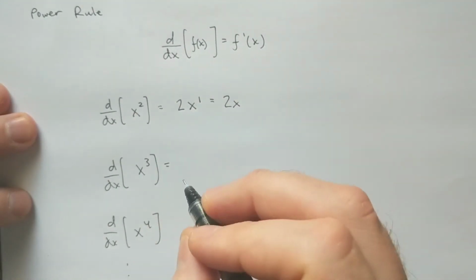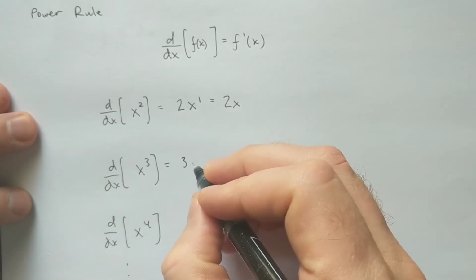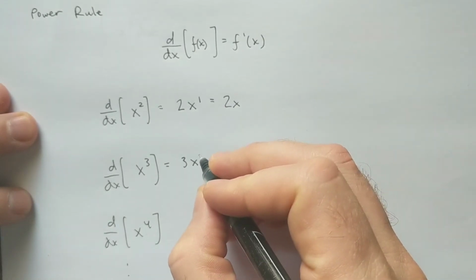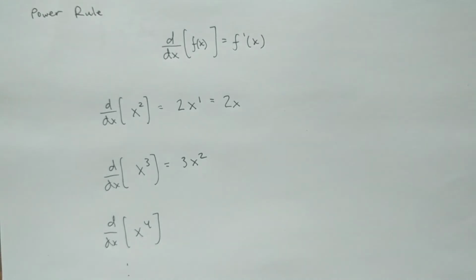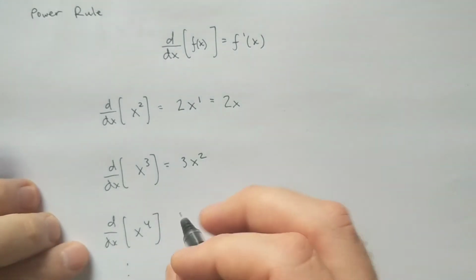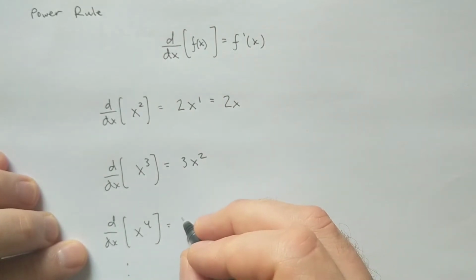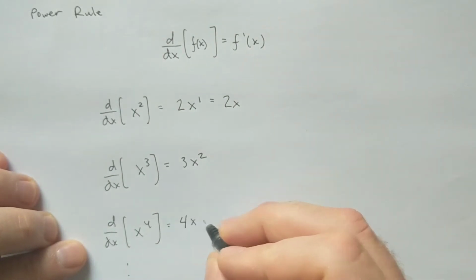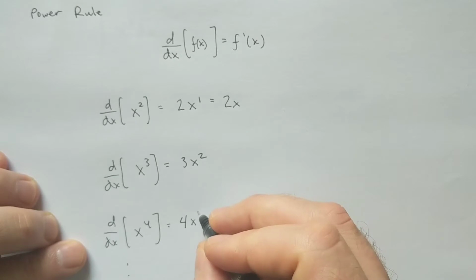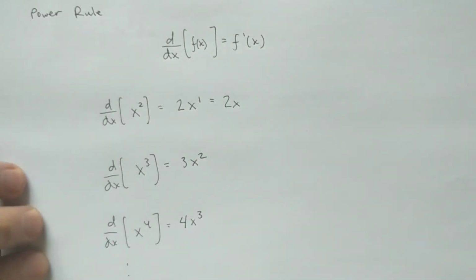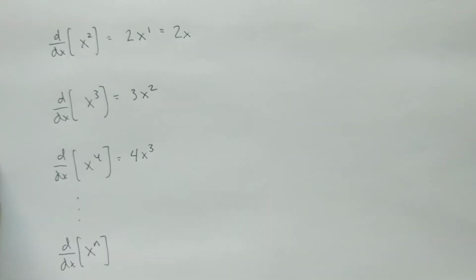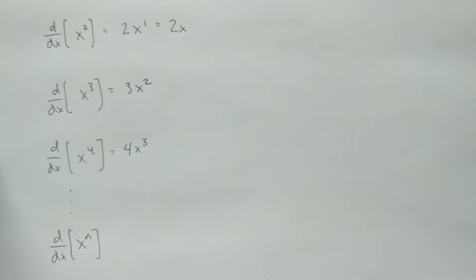And we saw this one in the last one, right? So we'd bring 3 down, and then we'd have x, and then we subtract 1 from the exponent, so we end up with 3x squared. The next one, same sort of thing. So we have 4x, take 1 away from the exponent, 4x cubed. So this is calculus 1 material, and that's how it goes.